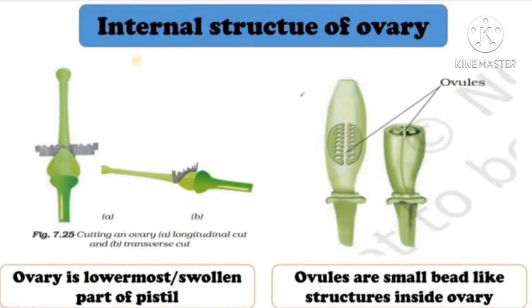Let us now study the structure of ovary. Ovary is the lowermost swollen part of the pistil. If we cut open the ovary, we can see small bead-like structures inside it. These are called ovules.